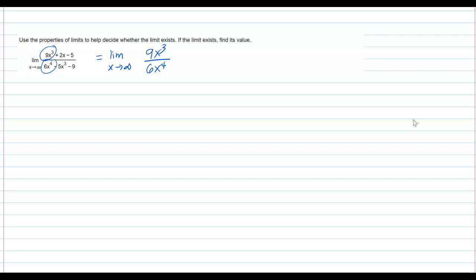You cancel x cubed, and you only have x in the denominator. The 9 and the 6 reduce, so you have 3 over 2. So this is equal to the limit as x approaches infinity of 3 over 2x.